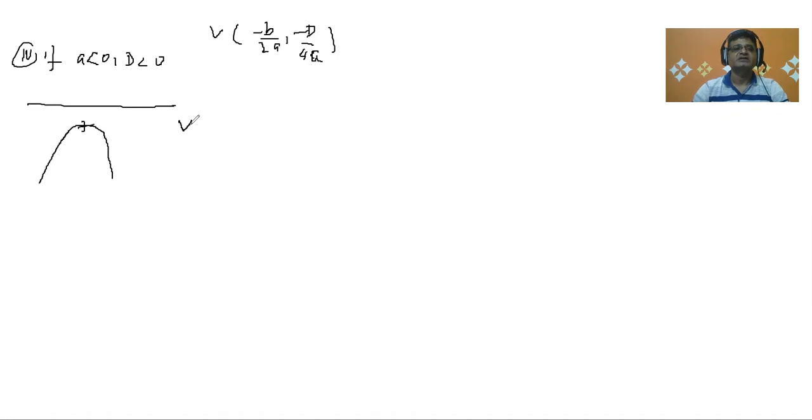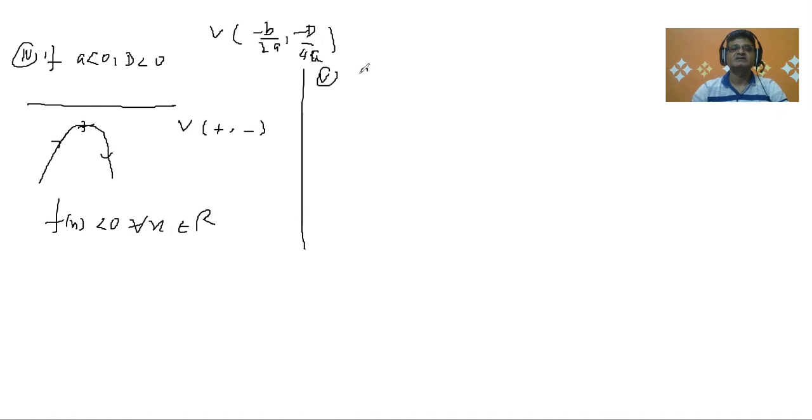Because when a is less than 0, the vertex first part is going to be positive, and d is less than 0 and a is less than 0, so this will again be negative. So it is in the fourth quadrant and it will go like this. So in this case, fx is going to be less than 0 for all x belonging to real numbers.